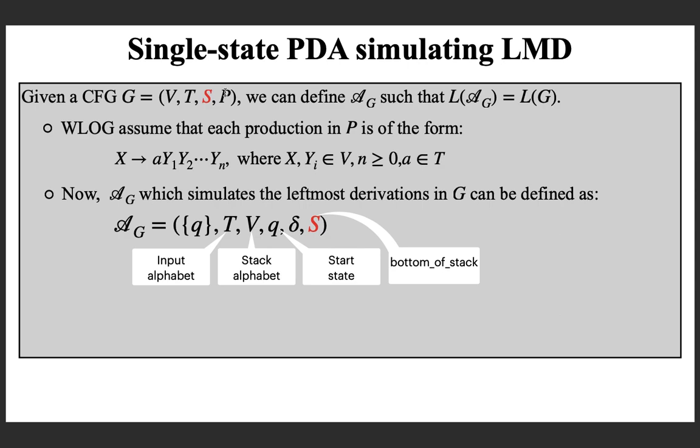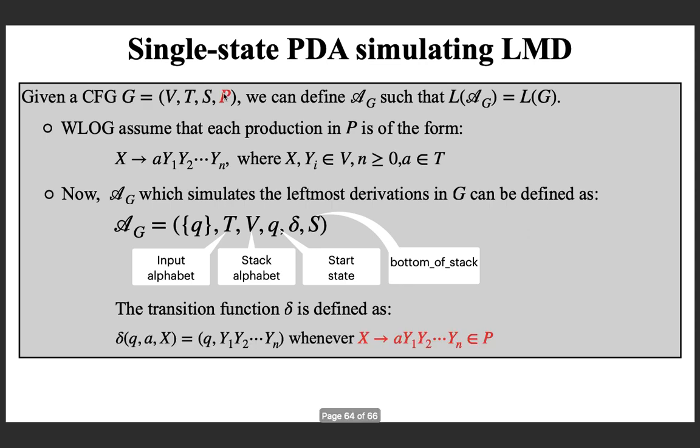It remains for us to define the transition function, which we already know how to do. If there is a production of this kind, X going to small a followed by a string of variables, then what is the corresponding transition you need? Q, a, X is what you need in the LHS. Q is the only state, a is the next input symbol, and the LHS variable is the top of stack symbol. What is the RHS?